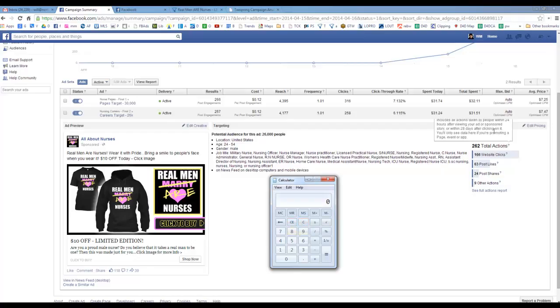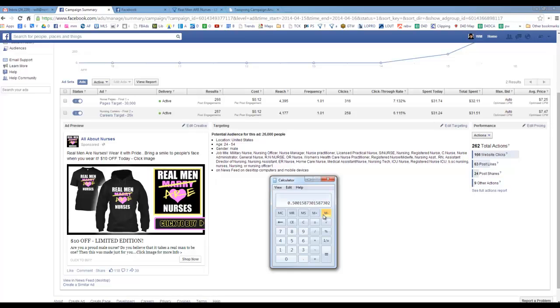So again, I wanted to see how much my cost per click to the actual website is running me. So $31.51, and we'll divide that by the number of clicks to the actual website, and that is 63. Ouch. So on this particular ad, it's costing me 50 cents per click to the website.